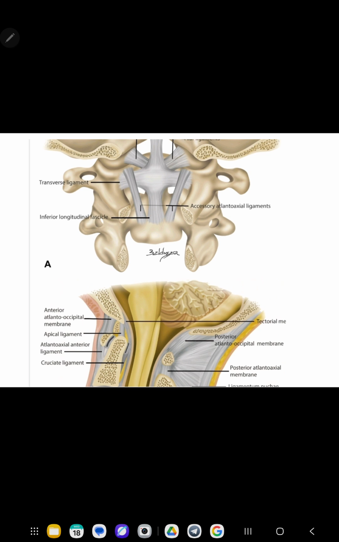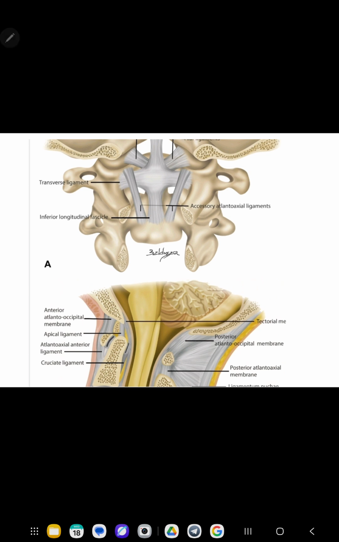Now when we are looking into the sagittal image, the same thing, here is the dens or the odontoid process. In front is the anterior arch of the atlas. This is the posterior arch of the atlas. So behind the dens or the odontoid process is the transverse ligament. Now from the apex of this dens or odontoid process to the occiput, that is the apical ligament.